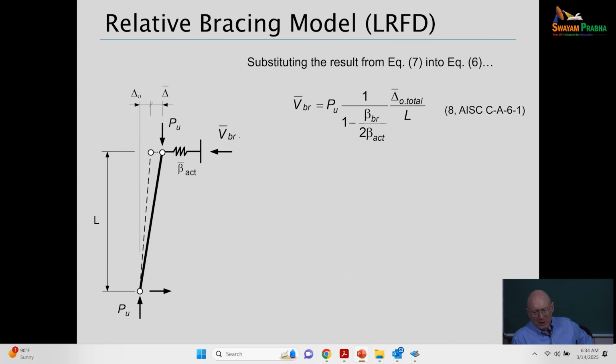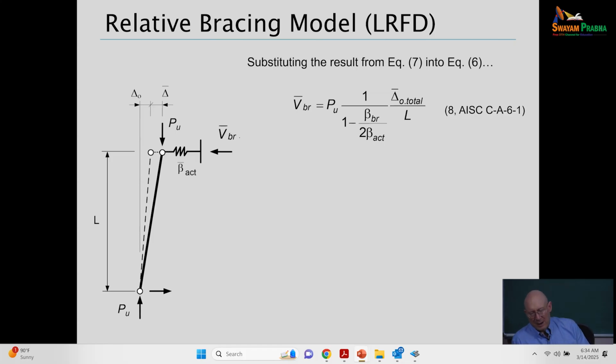What this equation does is, beta BR is the required bracing stiffness. It's what Appendix 6 is saying you have to provide. Well, we might have an actual bracing stiffness that's larger than that. If the actual bracing stiffness is exactly equal to beta BR, then notice what happens in that equation.